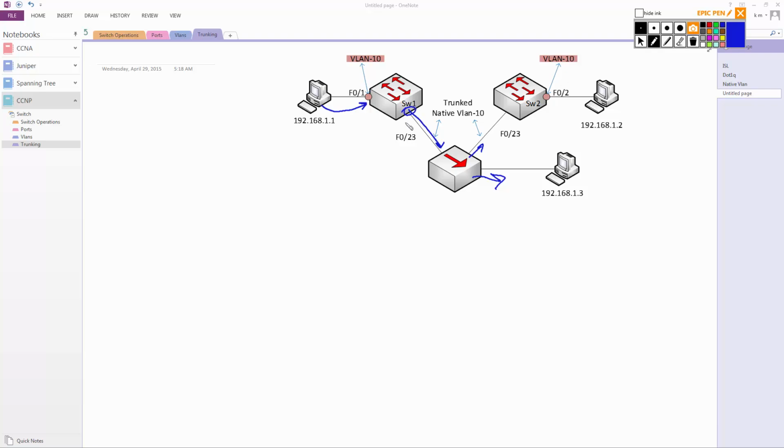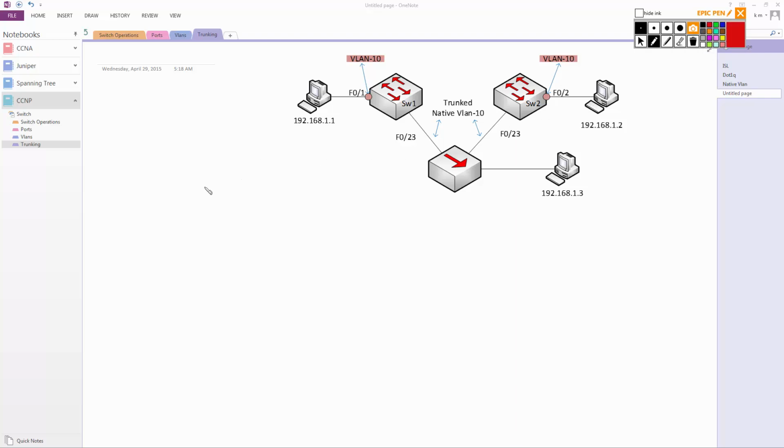If it's tagged traffic, that traffic will get into this switch and get to this PC, but this PC is going to drop it. He doesn't know how to read tagged frames. Make sense? But if we ping and that traffic becomes untagged when it hits this switch port, then that traffic will still come into here, hit the switch, and hit the PC. Well, let's think about that.